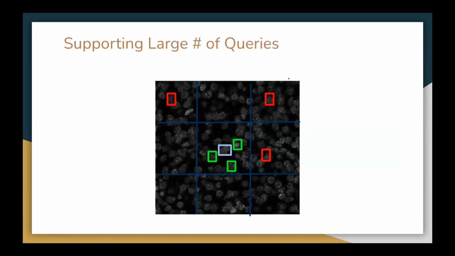We also needed to deal with a large number of queries since the average image had around 700 cells. So the method we tried to implement was a bucket approach where we break the image up into many segments. Here you can see we use 9 segments and we only perform self-attention within those regions.